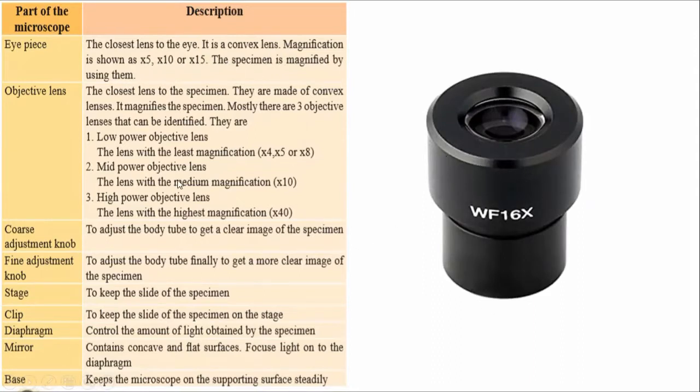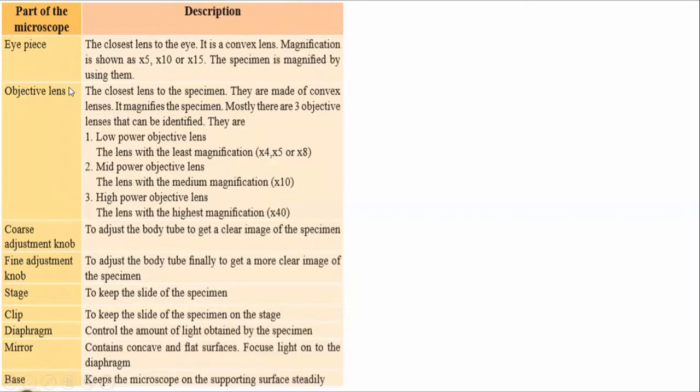So moving on, objective lens. The closest lens to the specimen. They are made of convex lenses. It magnifies the specimen. Mostly, there are three objective lenses that can be identified. They are low power objective lens, the lens with the least magnification, times 4, times 5 or times 8.